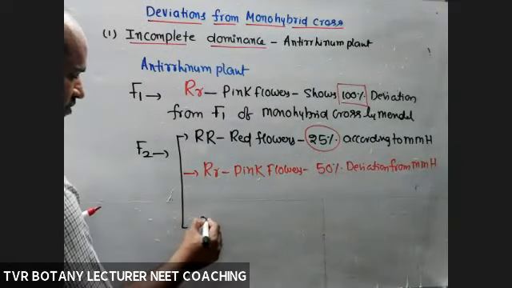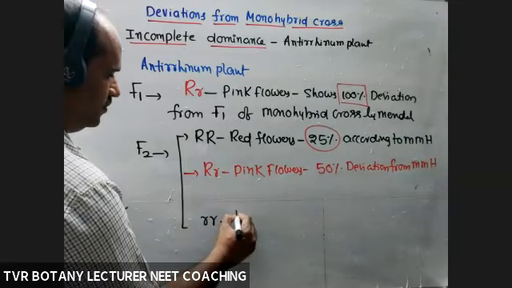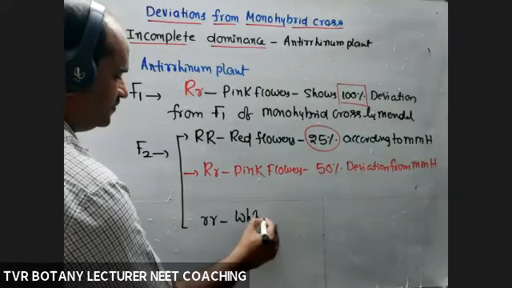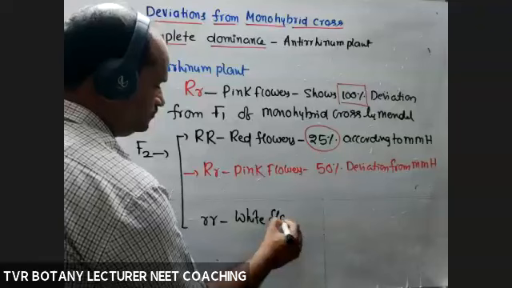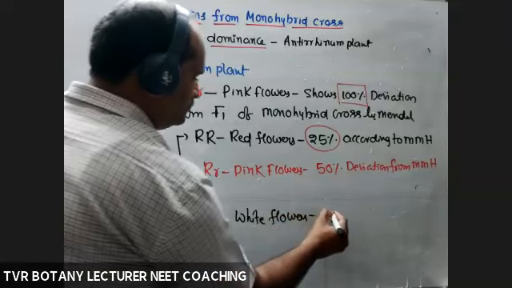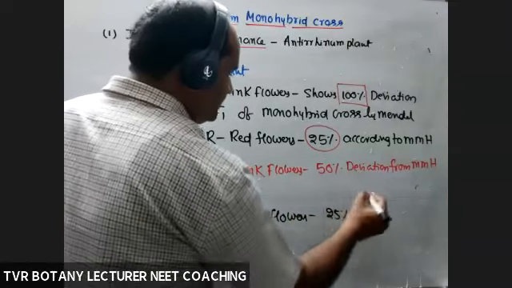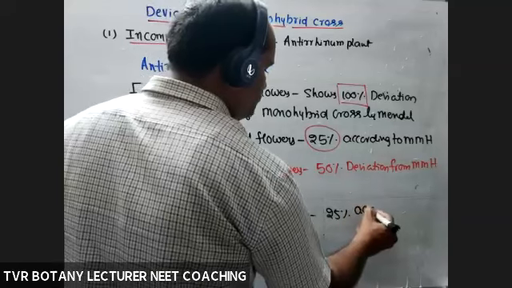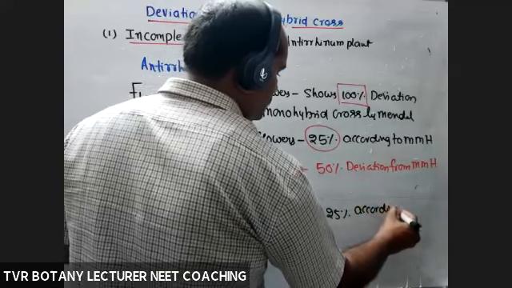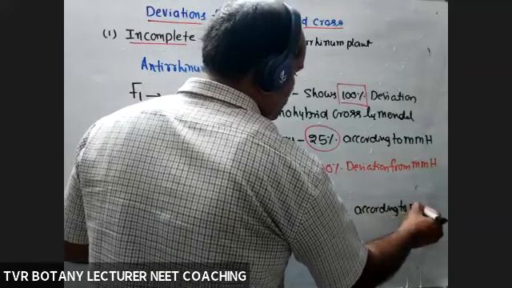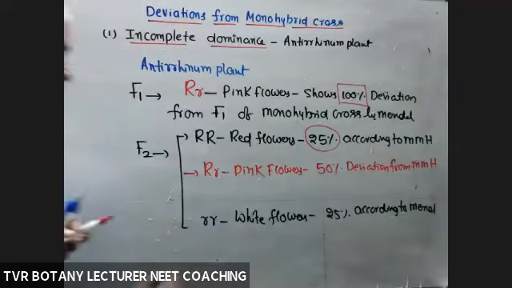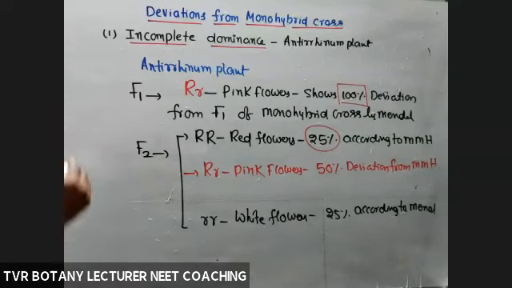Last one, small r small r, white flowers, 25% according to Mendel.